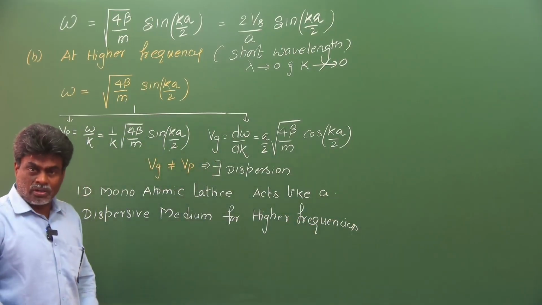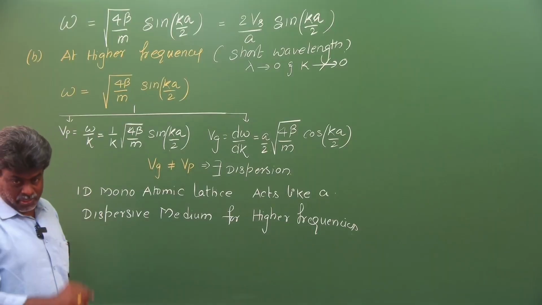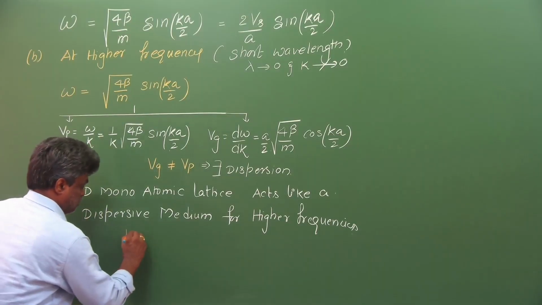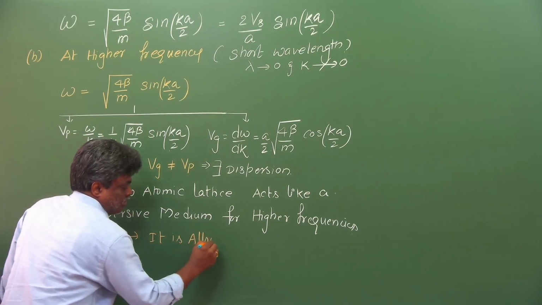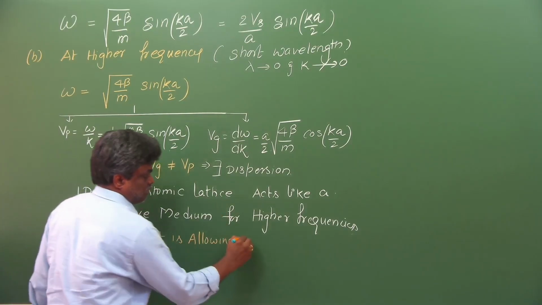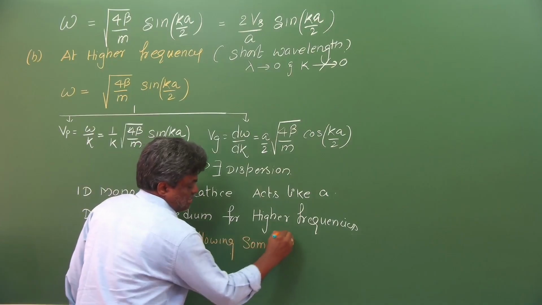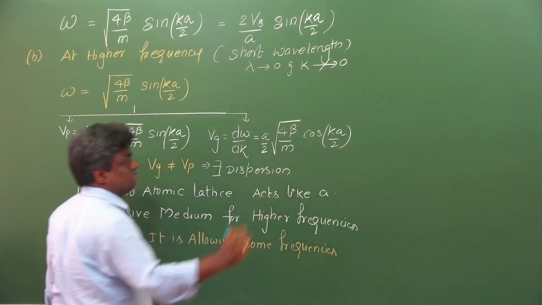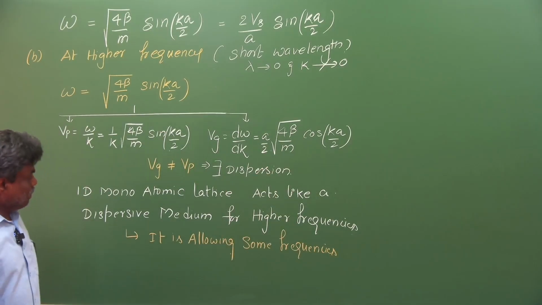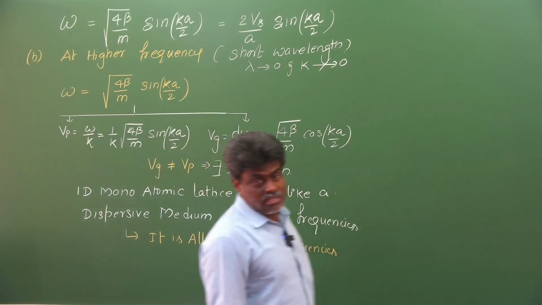So it is allowing some frequencies, and some dispersion also exists. It is allowing some frequencies. That's it. And now let us see what the maximum possible frequency is.